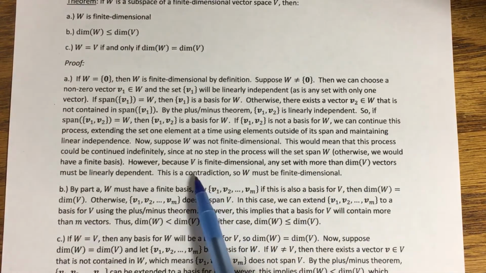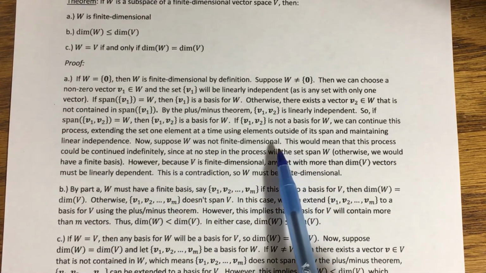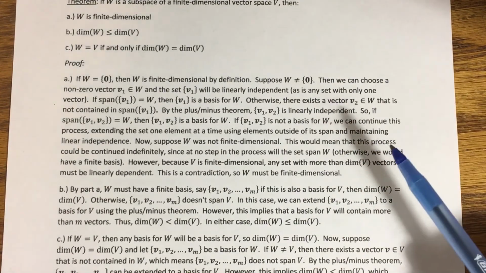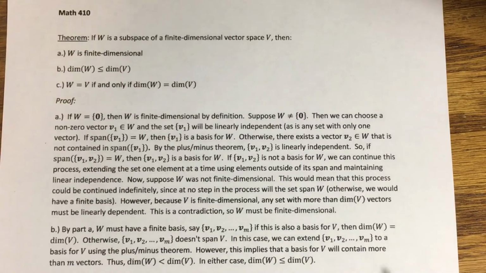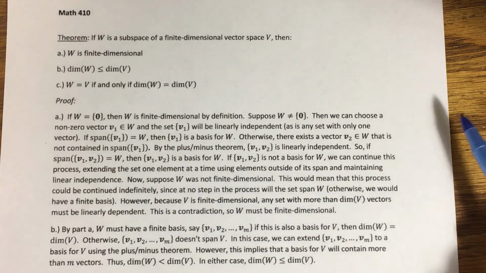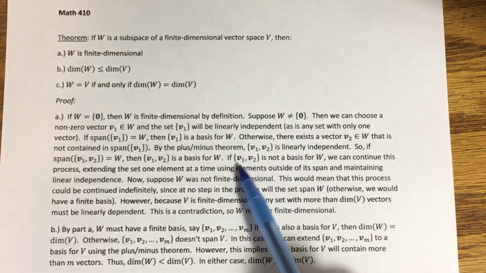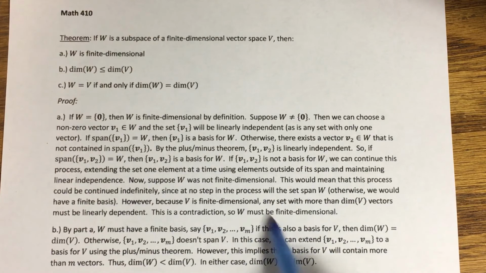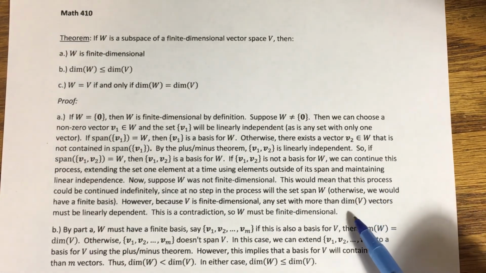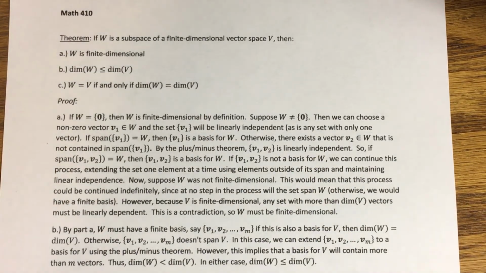The problem with that is that we're assuming W is a subspace of a finite dimensional vector space V. If that's true, eventually this set is going to have enough vectors to match the dimension of V. As soon as we exceed that value, we know from the theorem at the beginning of this section that the set is going to be linearly dependent.